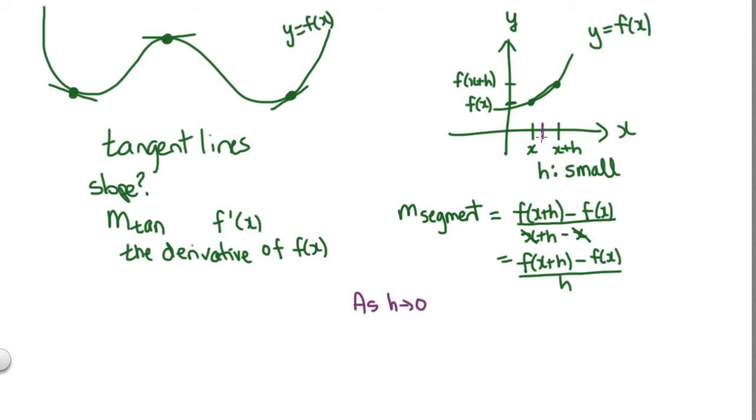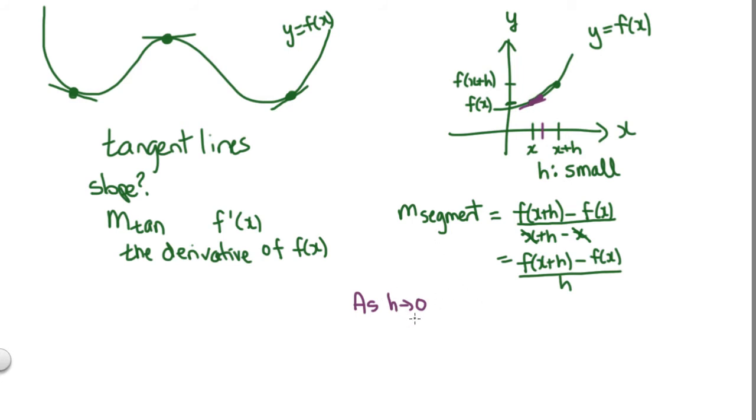So imagine x plus h is now here. We've got this point there on our curve. And our line segment starts to look like that. It's a tiny little segment now. And in fact, the slope of that line segment is starting to look a lot like the slope of the tangent line at that point x.